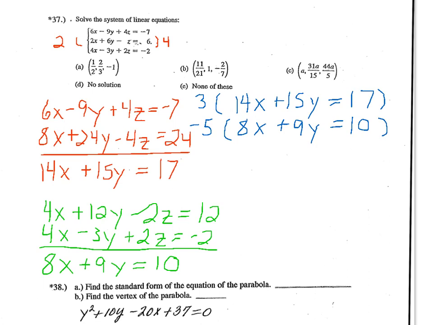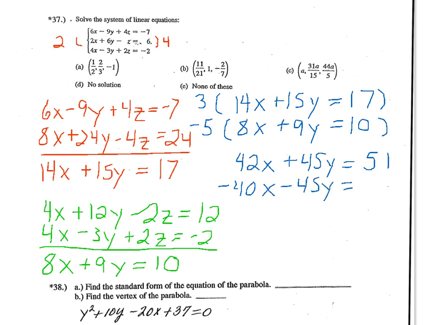So 3 times 14 is 42x plus 45y, and 17 times 3 is 51. And then I have negative 40x minus 45y equals negative 50. So we end up getting 2x equals 1, so x equals 1/2.